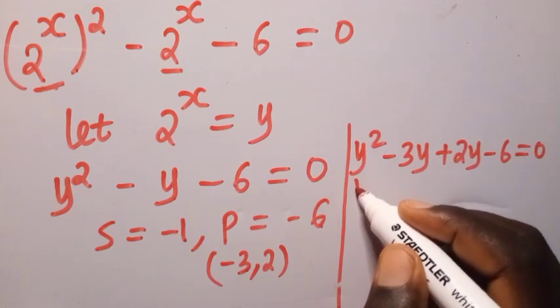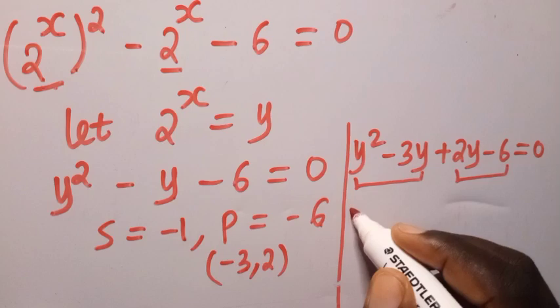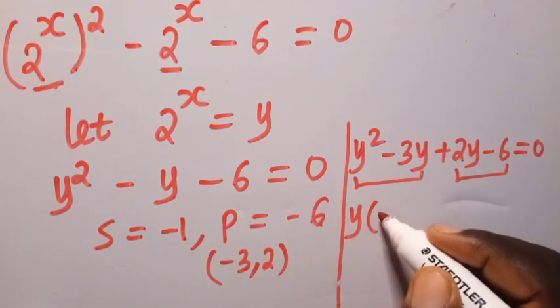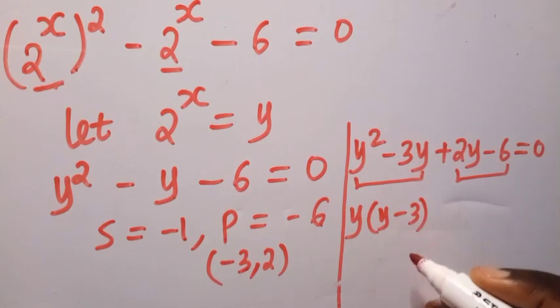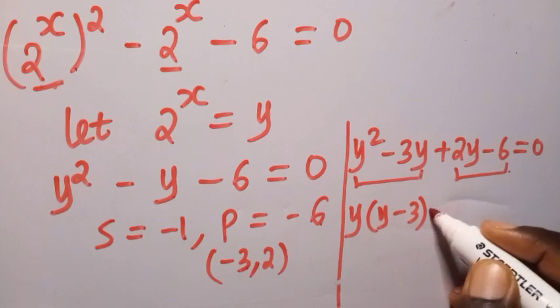Now, I can group these two and also these two and factor out the common term. The common term here is y. If I factor it out, then I will have y minus 3 inside the bracket. Then the common term here is 2.